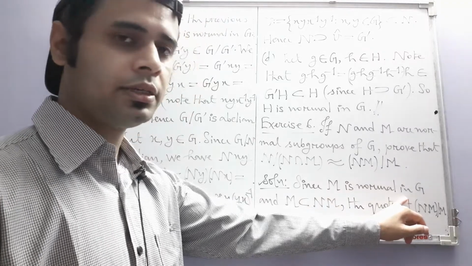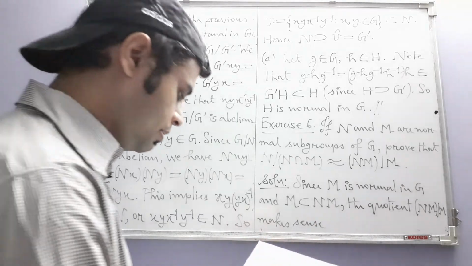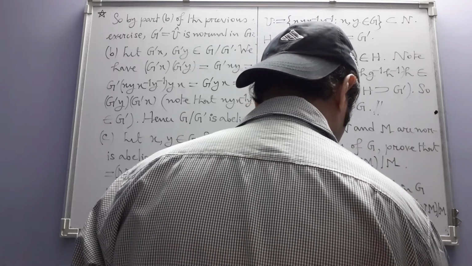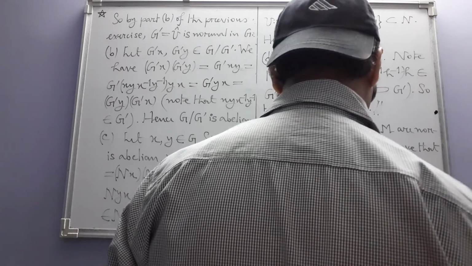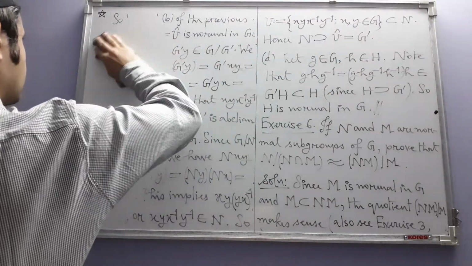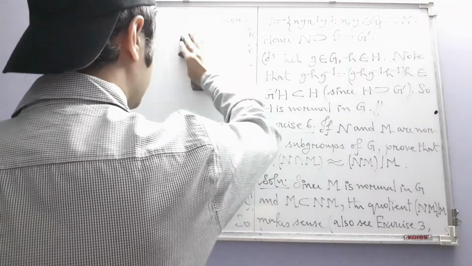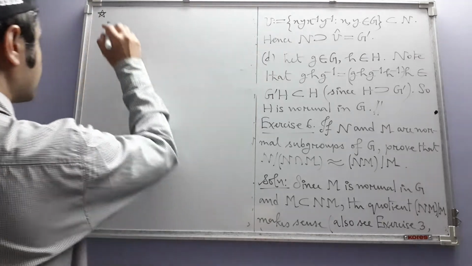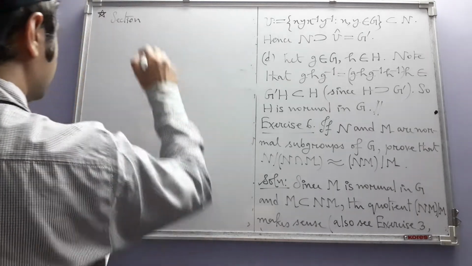Since M is normal in G, NM is a subgroup, because we have proved this in exercise 3 of section 2.6, that the product of any subgroup and a normal subgroup is again a subgroup.